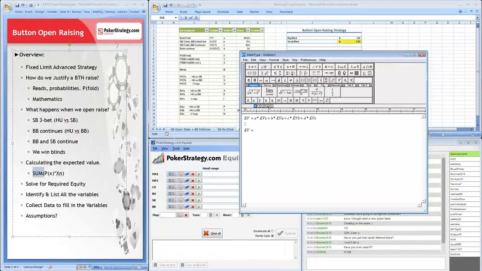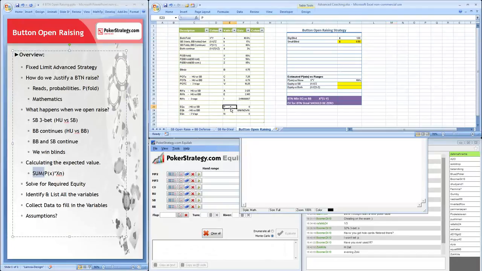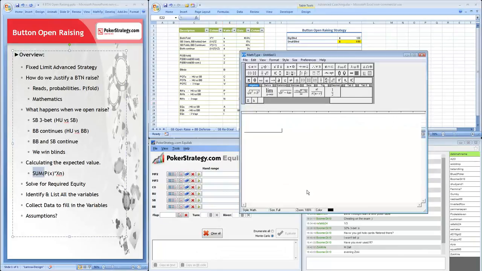We can say EV equals A times the blinds. We'll call it B, our big B, plus B times, I'll make a few small changes here, just so I remember later on. There we go.